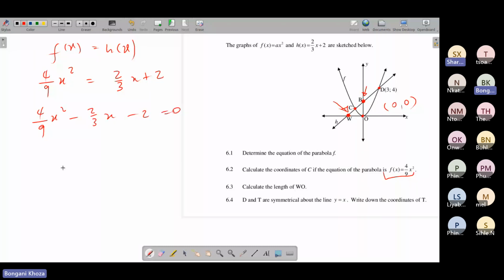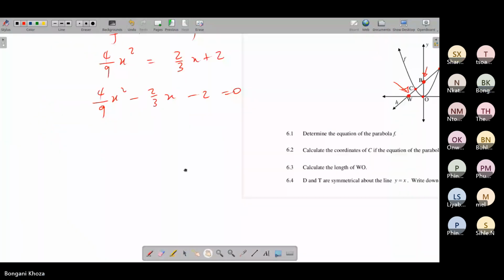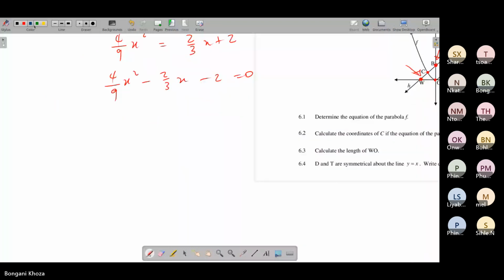Then let's see how we can try and solve this. Let's try and get rid of this 4 over 9. Getting rid of this 4 over 9, we can multiply by 9 over 4 here. We can multiply by 9 over 4.